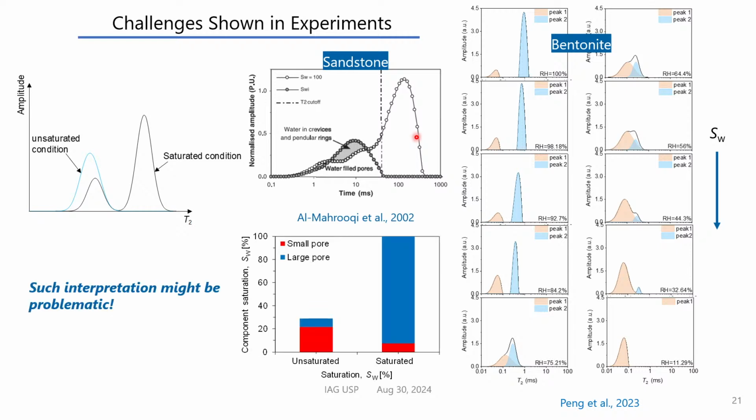So this is another example, basically saying that in unsaturated condition, the small pores can absorb even more water than the saturated condition. Obviously, such interpretation is problematic.